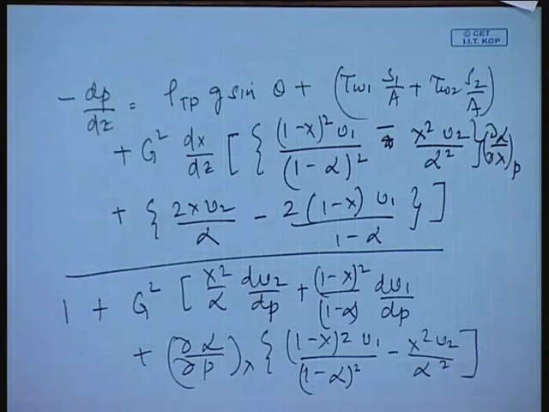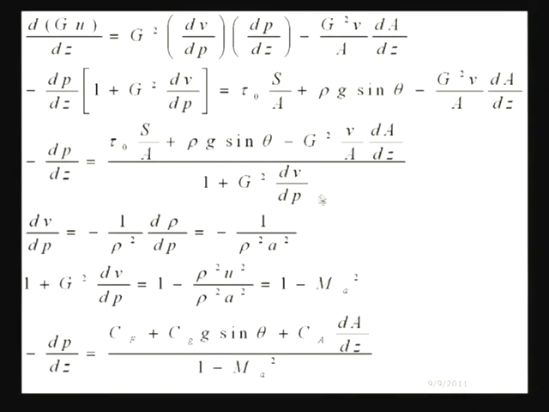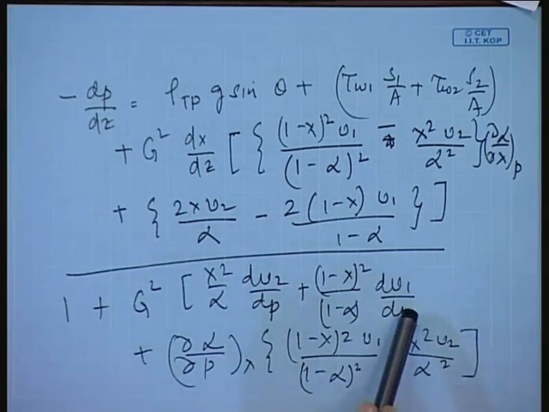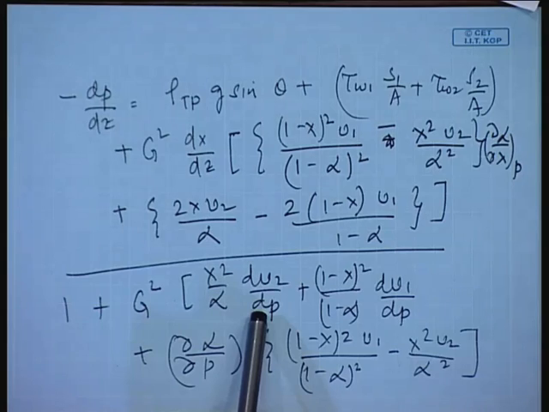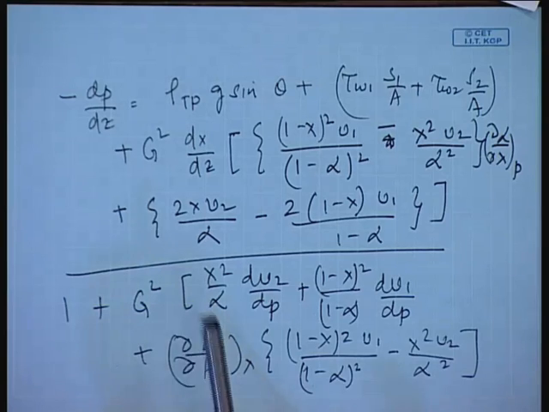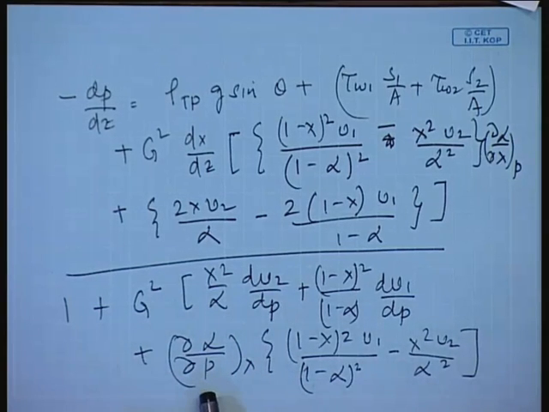Now, if we compare with what we have in the transparency, we find that the denominator part is 1 plus G square dv/dp. Here also we have 1 plus G square. Since there are two phases, we have dv1/dp and dv2/dp. Till this much we already had in the homogeneous flow model. Now, since alpha is also a variable, we have one term concerning alpha.